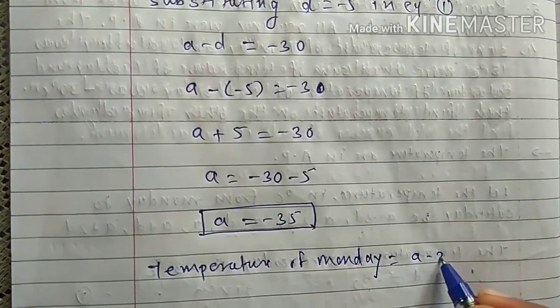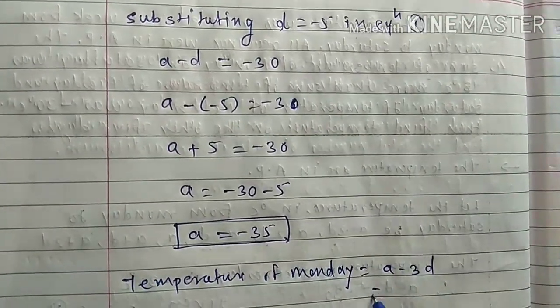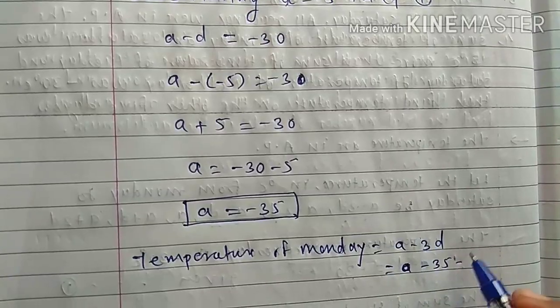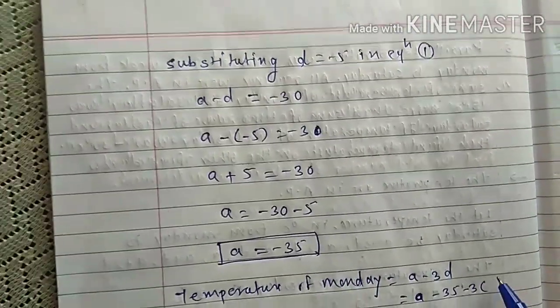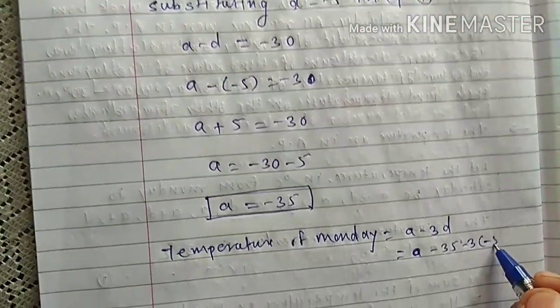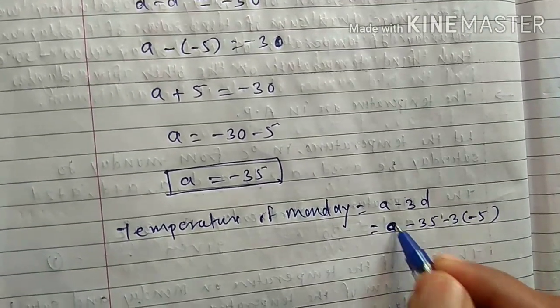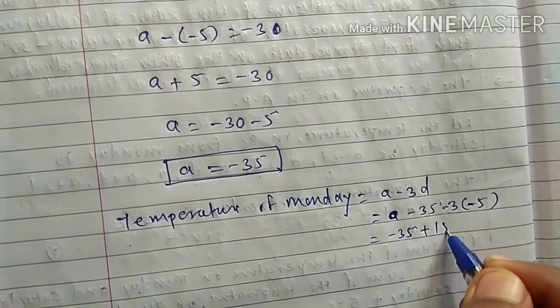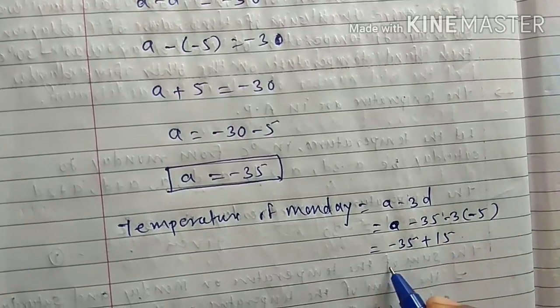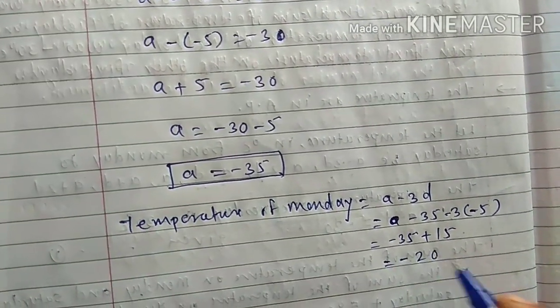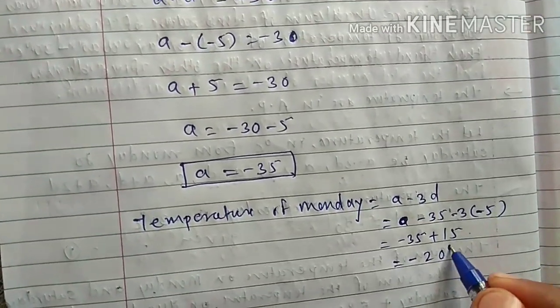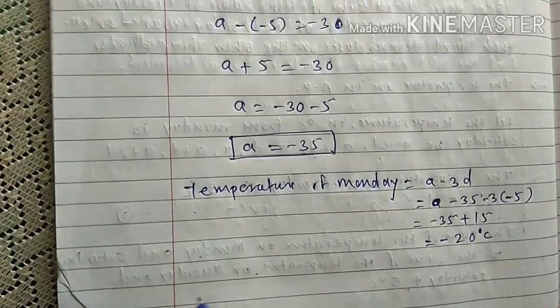A minus 3D. So A is minus 35 minus 3, D is minus 5. Minus 35 minus minus plus, so plus 15 is equal to minus 20 degree Celsius.